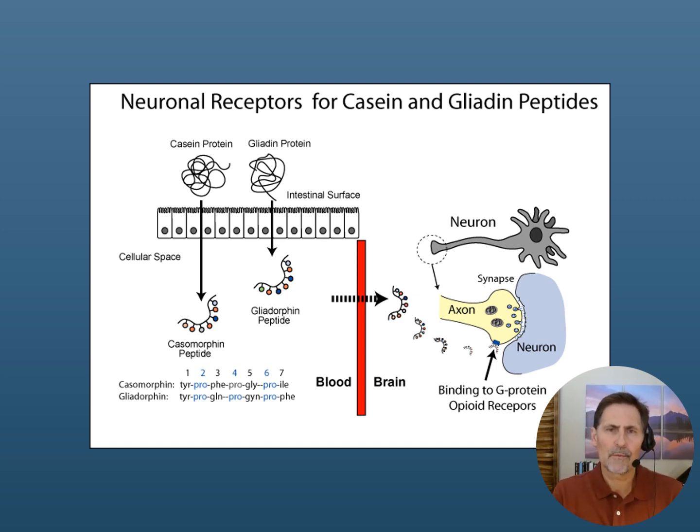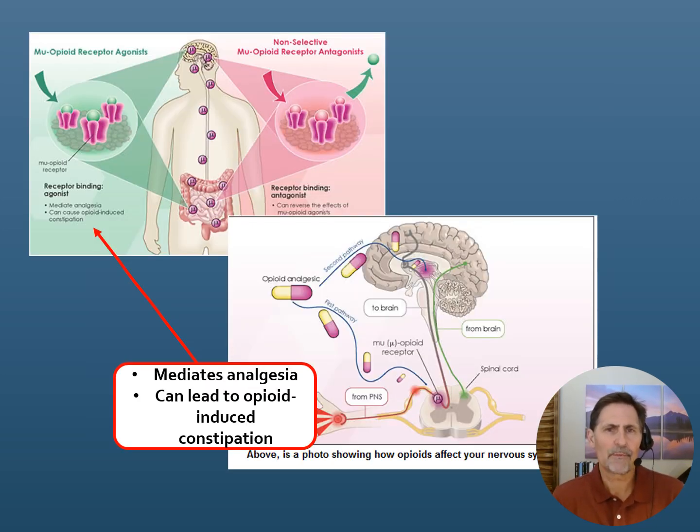The amino acid sequence of these peptides, specifically casein and gliadin, can cross through the epithelial lining of the gut, cross through the blood-brain barrier, and then interact with opioid receptors in the brain.